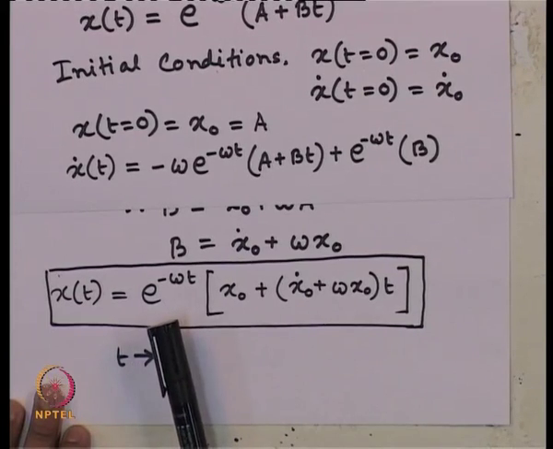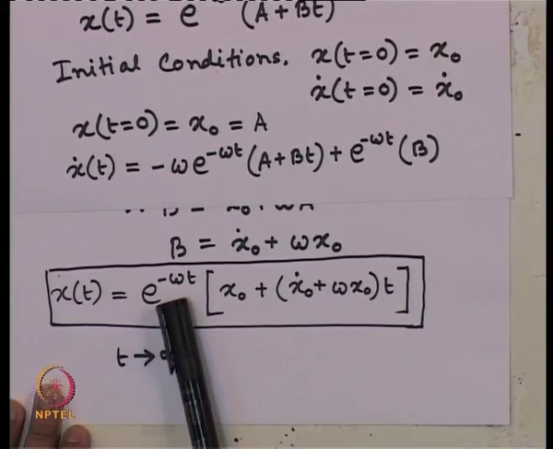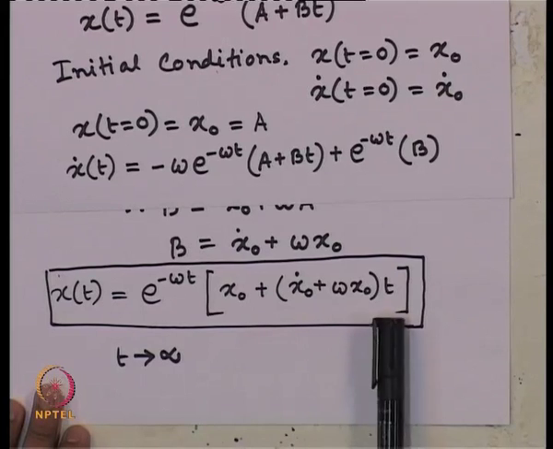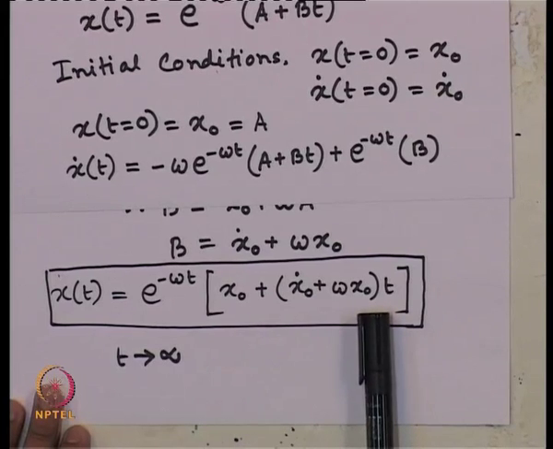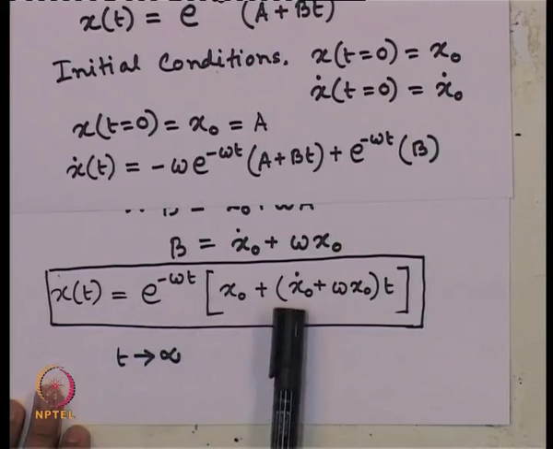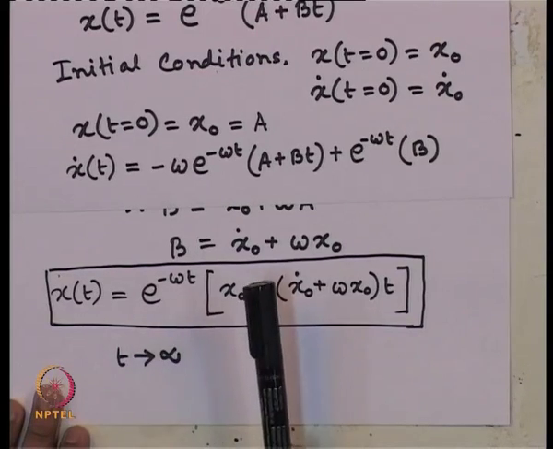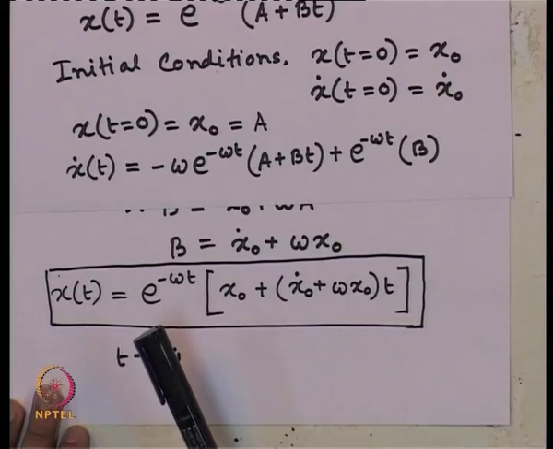The exponential function is a decay function which decreases with increase in time because of this minus omega factor, and this polynomial function is an increasing function, that is, with increase in time it increases. So, the combination of them, will it be increasing or decreasing?